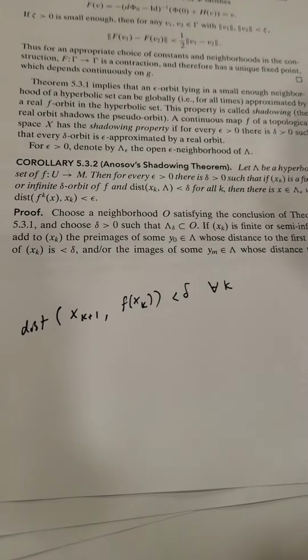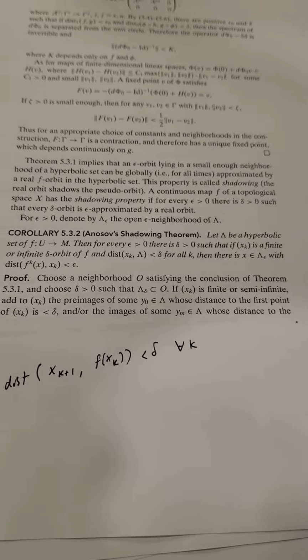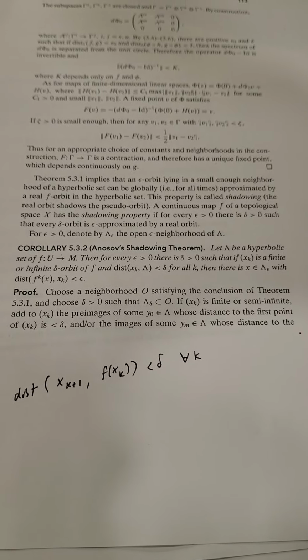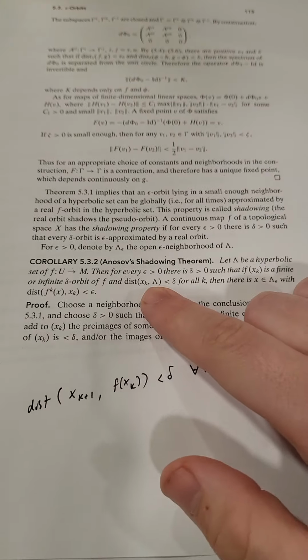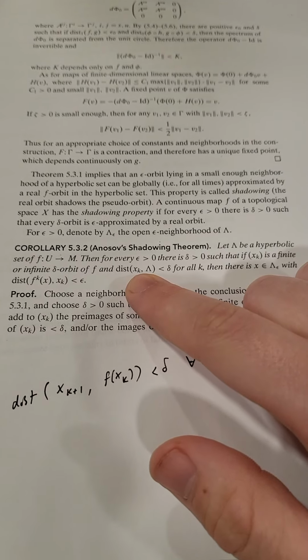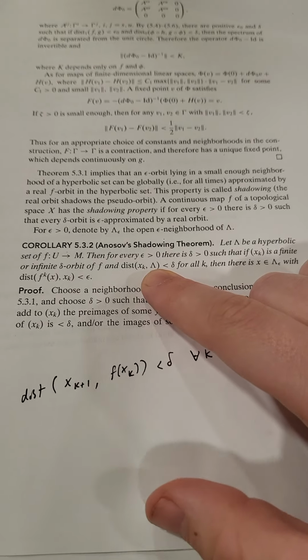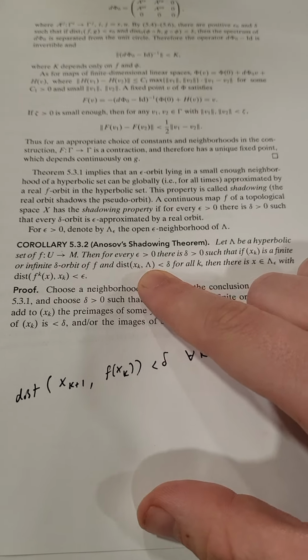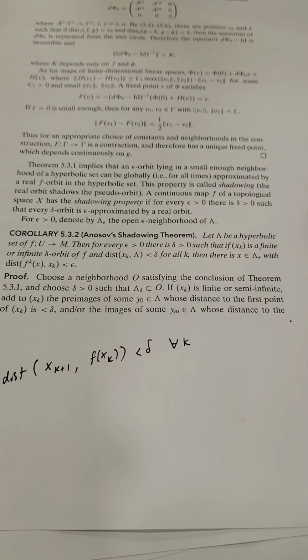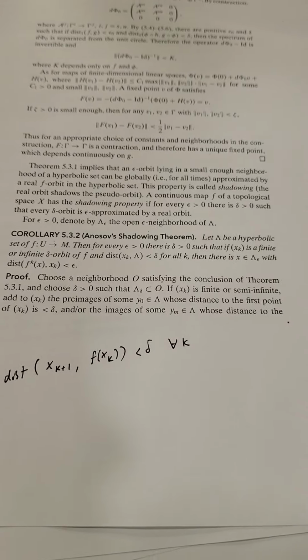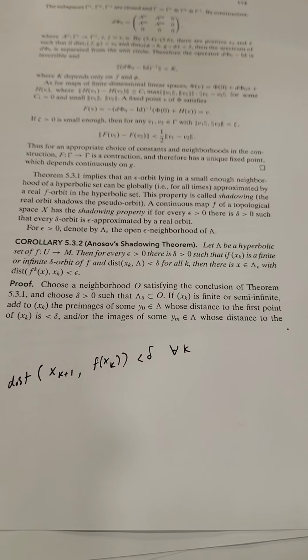So this is the meaning of a finite or infinite delta orbit of f, and the distance between this orbit and the hyperbolic set lambda is less than delta for all k. So this entire sequence stays within delta distance of the set lambda.